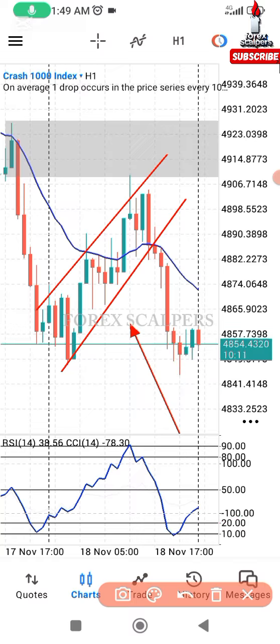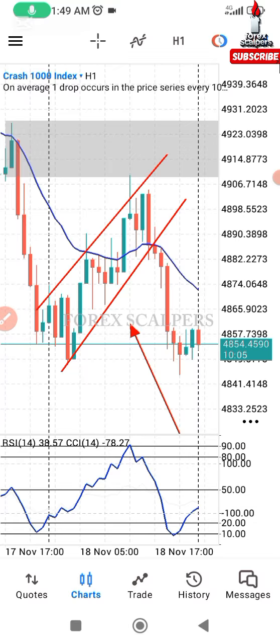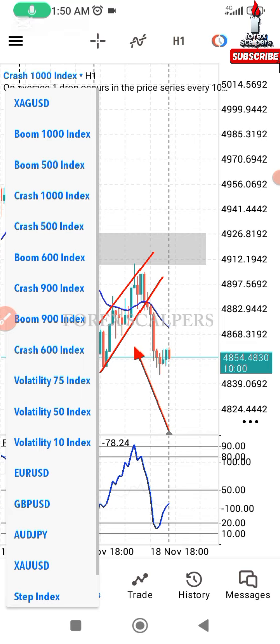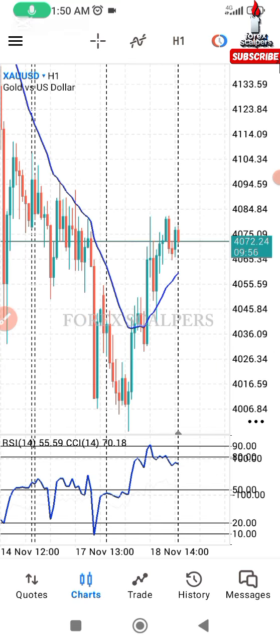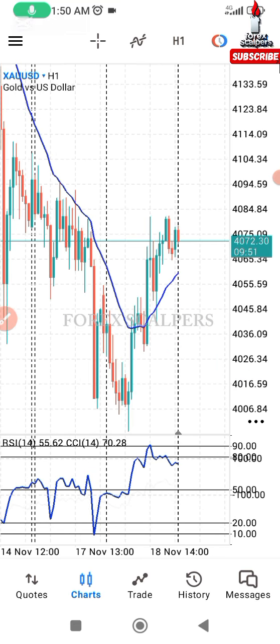Okay, so this is exactly how we can take advantage of this strategy. Highly effective and very, very profitable. You can do this on any pair of your choice. Let's look at gold and see exactly how we can apply this. Gold has been on a bearish trend, so this is a downtrend.